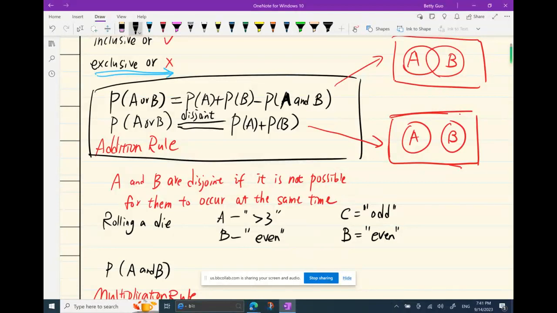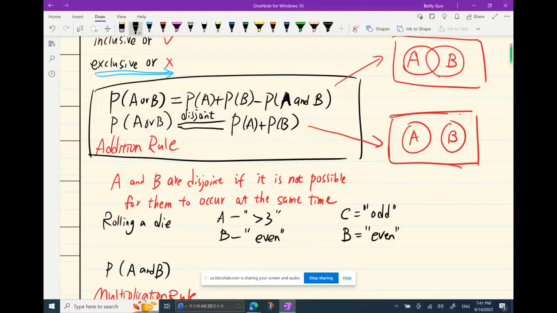So A and B are disjoint means the two events are not possible to happen at the same time. It's not possible for them to occur both. It's like they are enemies. If A happens, then B cannot happen. If B happens, A cannot happen, right?